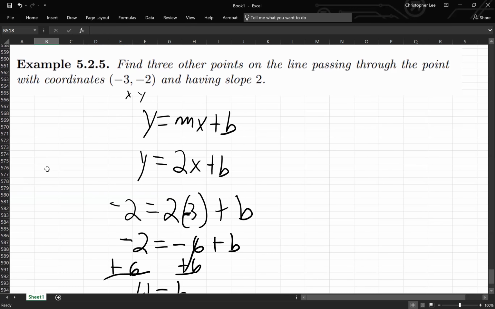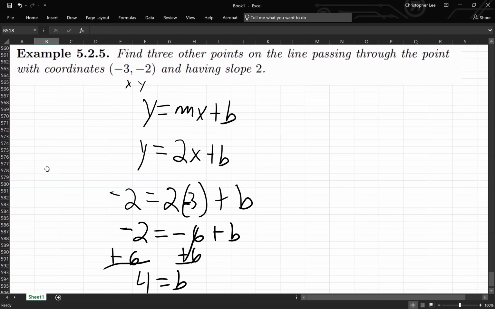So after you find this slope, right? They said that they want 3 points. Give me some points to plug in, because they said they want 3 points. What's underneath the 2?